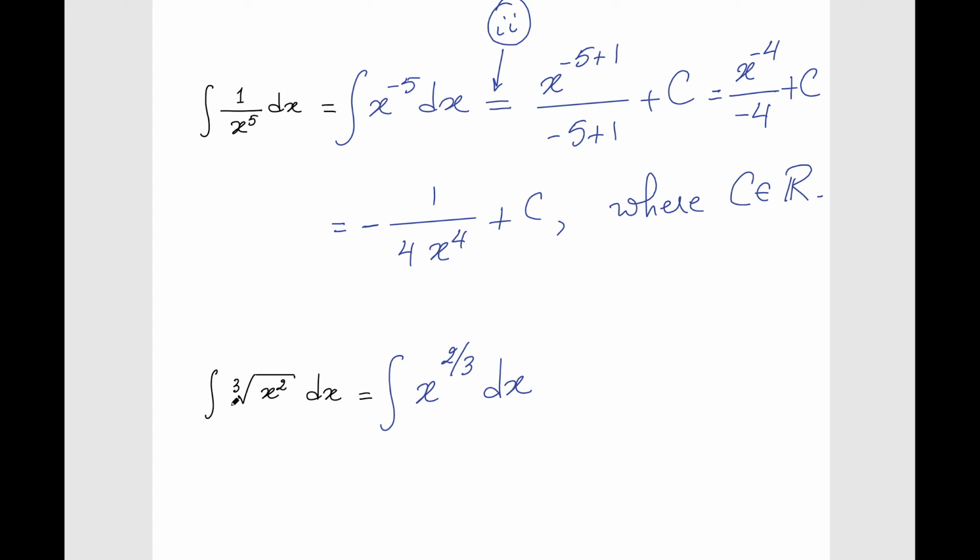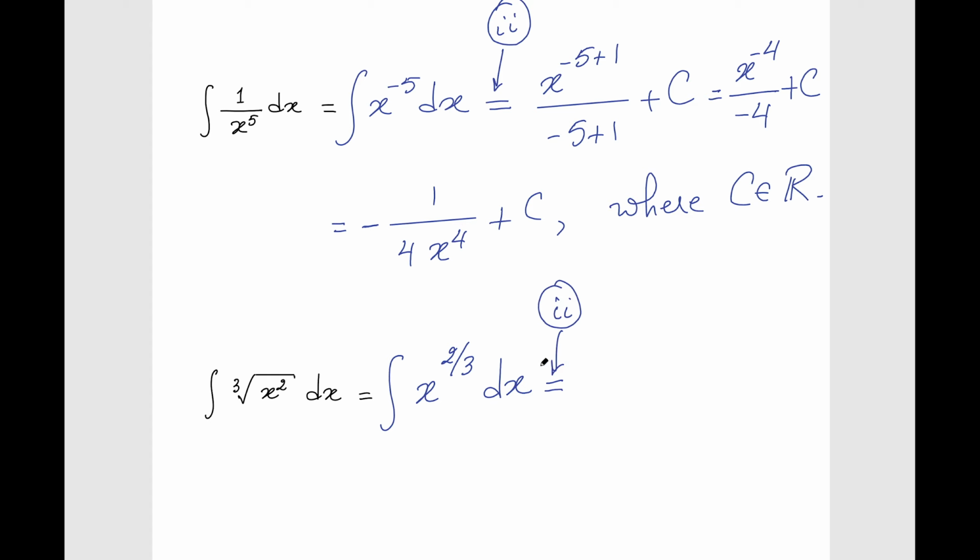Taking the third root of x squared is the same thing as raising x to the power 2/3. This is a notation for this. Correct? And now property 2 kicks in again. This is of the form primitive of x^n.